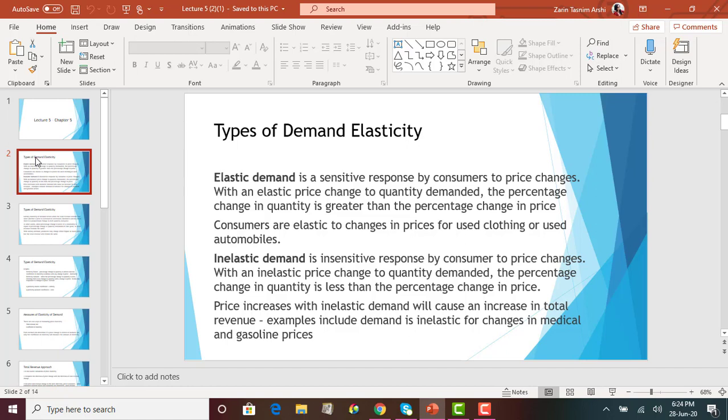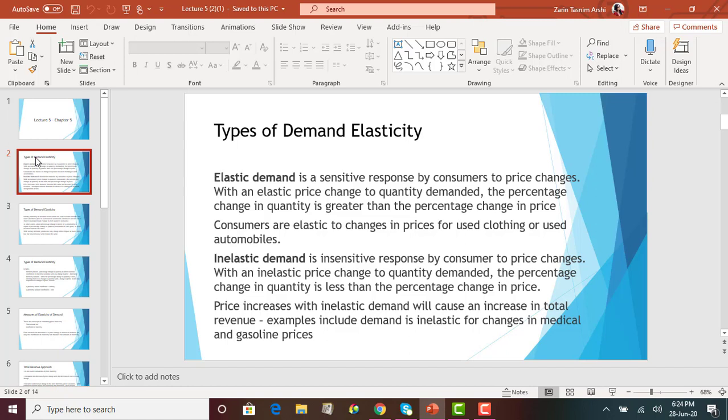So let's say the price of salt goes up by 2%, but the quantity demanded for salt will only fall by 0.5%. So that is inelastic demand, when we are insensitive to the changes in prices, and the percentage change in quantity demanded is actually less than the percentage change in price.